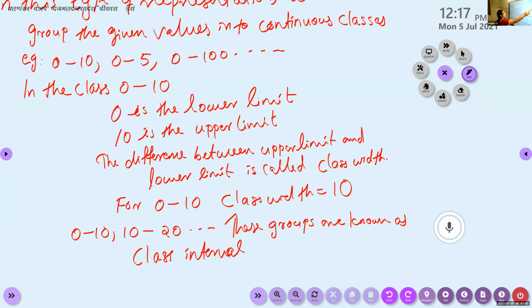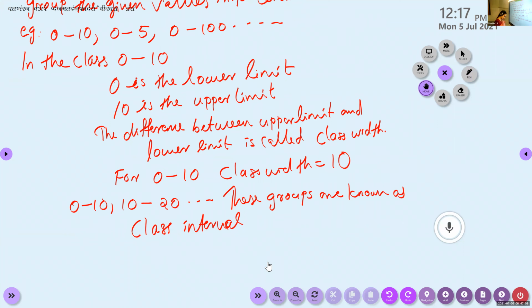Page 73. Page 73, you can see try this in blue color. Study the following frequency distribution table and answer the following questions given below. Page 73. Children, you got it, that question? Yes, ma'am. Now we will discuss about that.